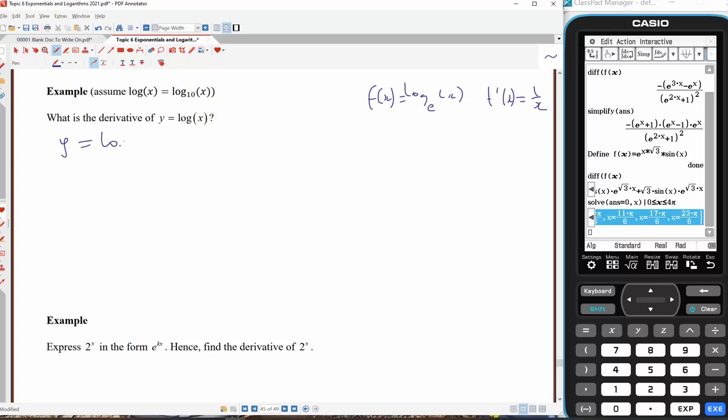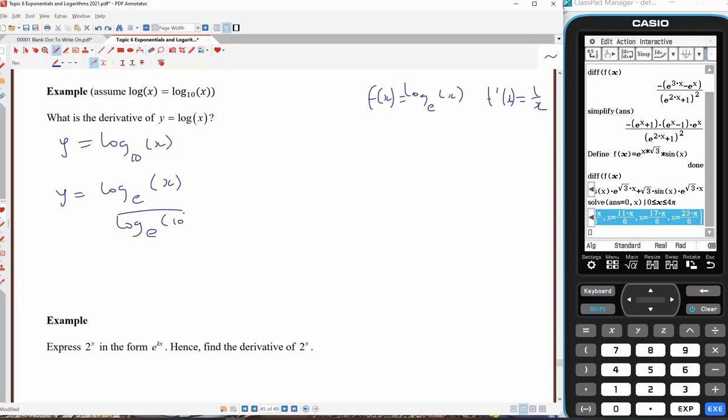So if y is equal to log 10 x, then we can rewrite that as y equals log e x over log e 10, where e is the chosen base and 10 is the original base. So remember, chosen base goes here, x goes there, and 10 goes there: the change of base rule.